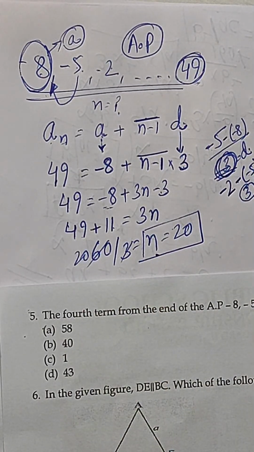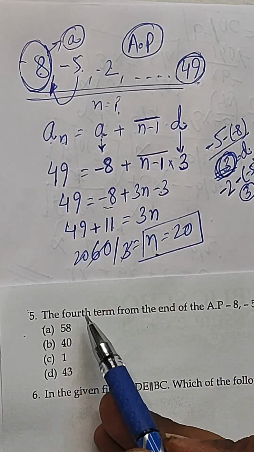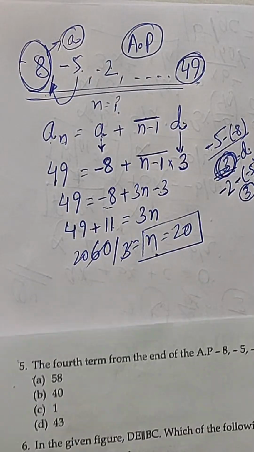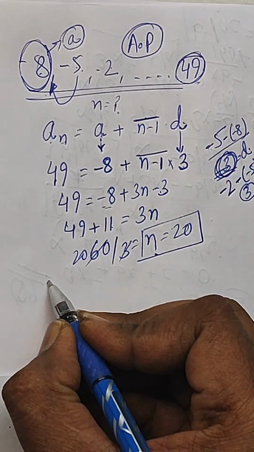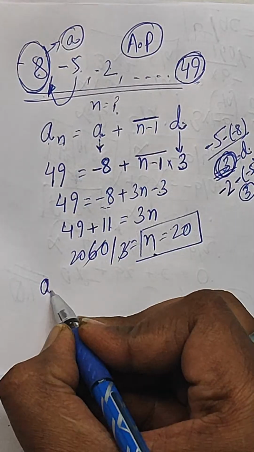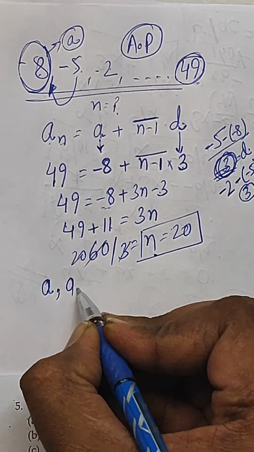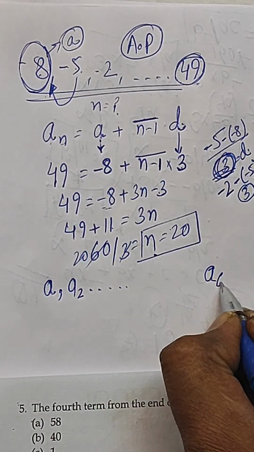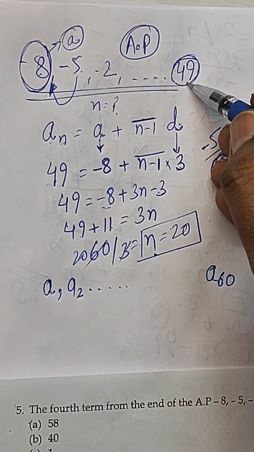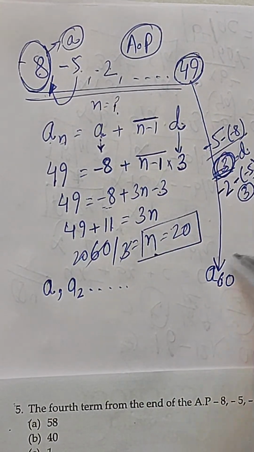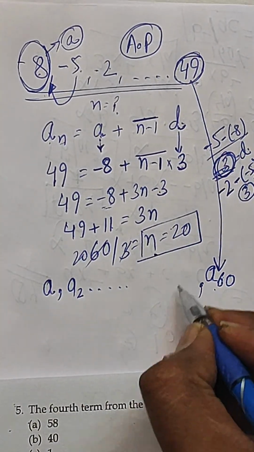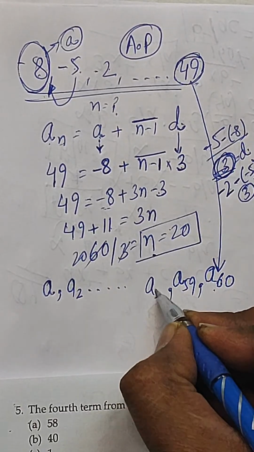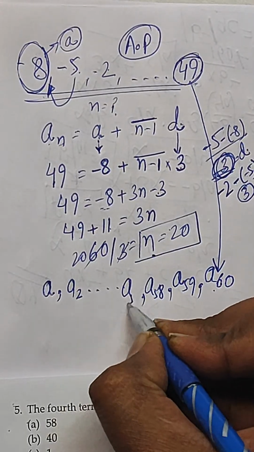So if n is 20, then the question asks for the fourth term from the end of the AP. If there are 60 terms starting from the first term, let us say a1, then a2 and so on till the 60th term, this is a60, which is 49. Before that there will be a59, before that a58, and before that a57.